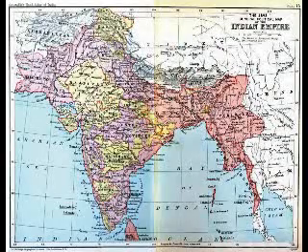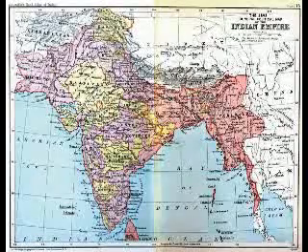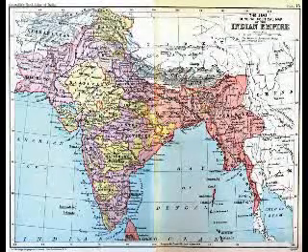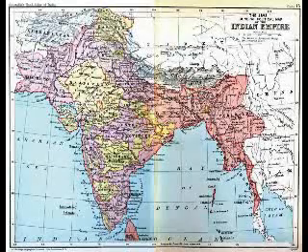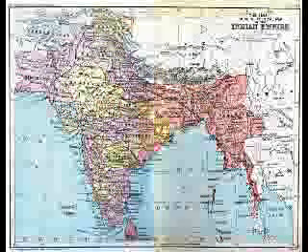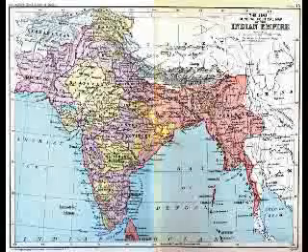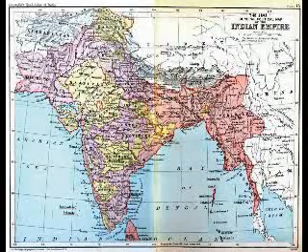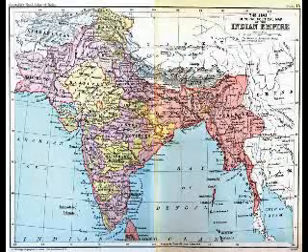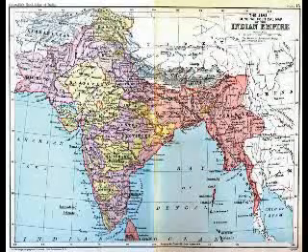Subunit 32.5.3 The process of integration. After the Second World War was over, negotiations for the transfer of power from British to Indian hands were started. The question of the future of Indian states became of critical importance at this juncture.